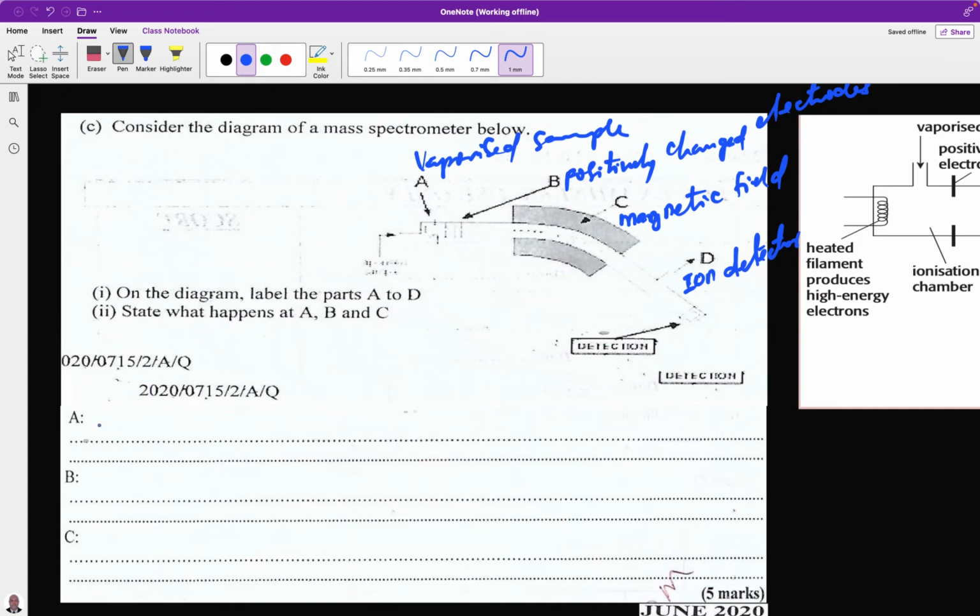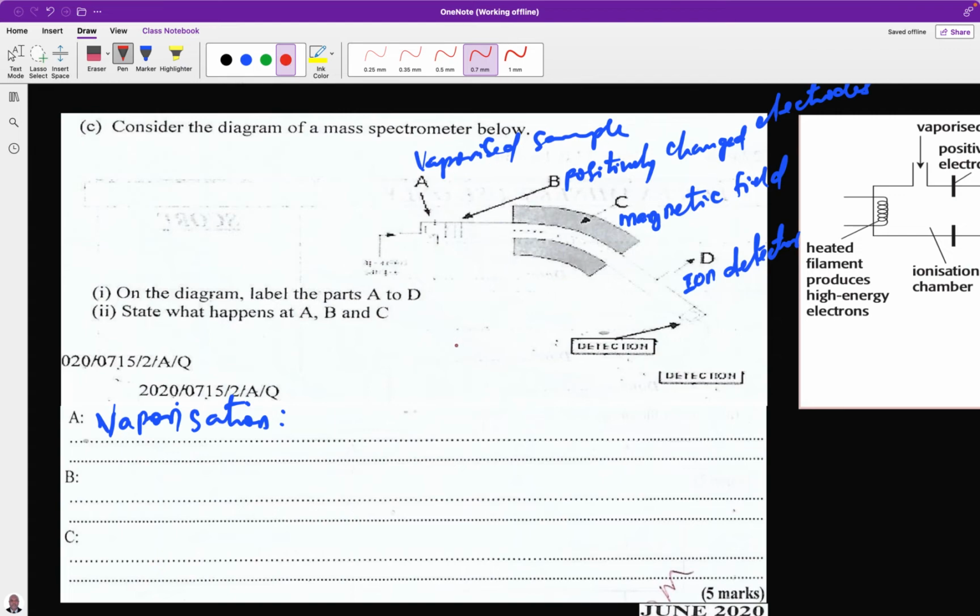Just say vaporization. You can say A is vaporization. Here, what you need to do is state, mention vaporization. Then explain.